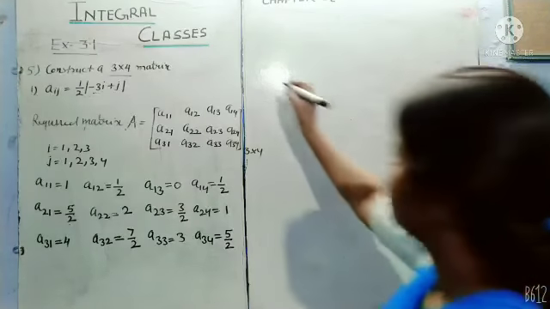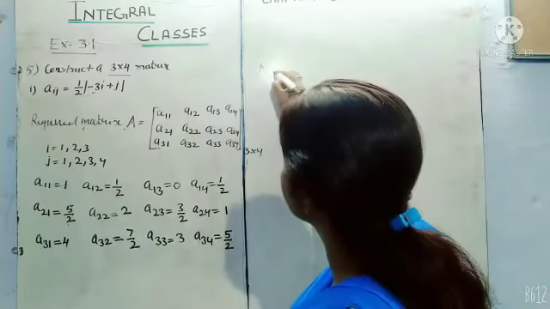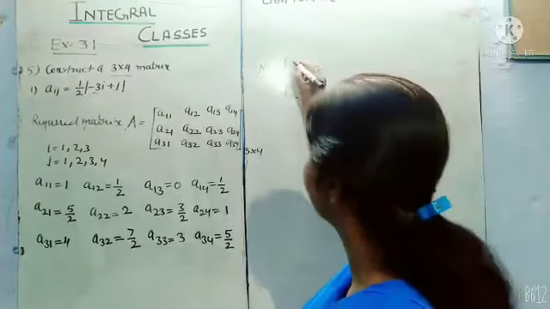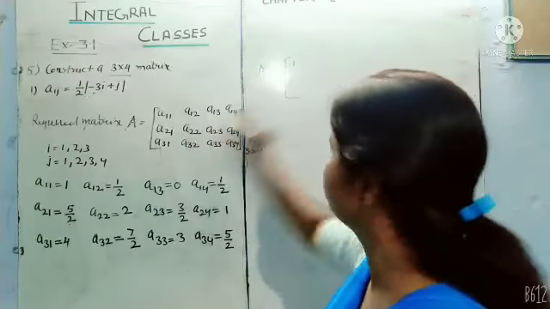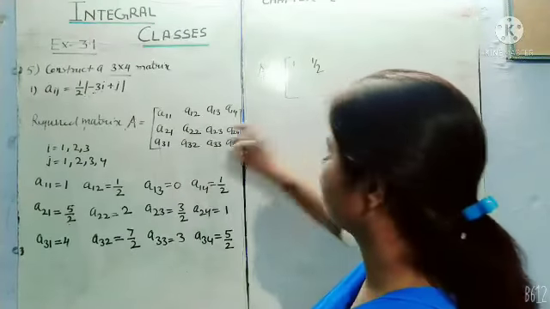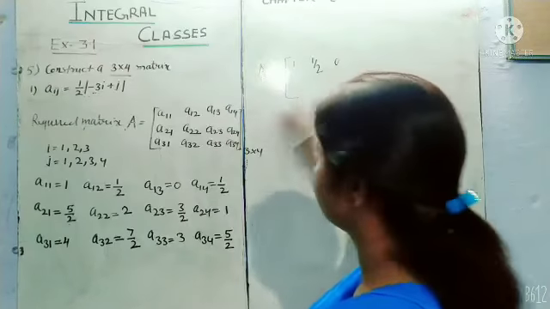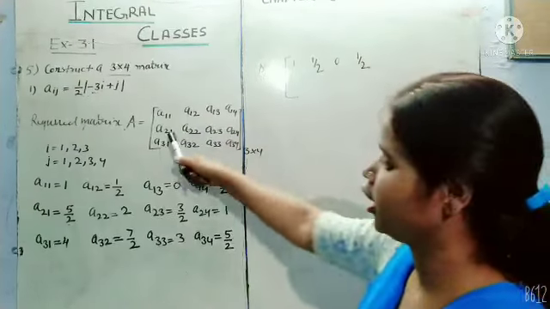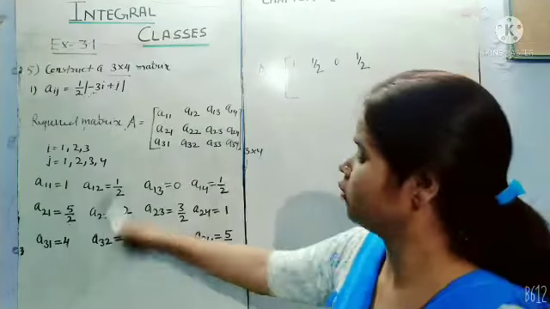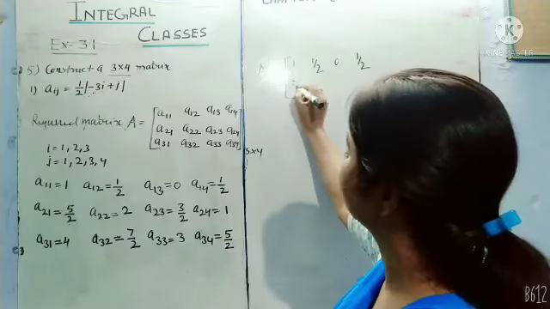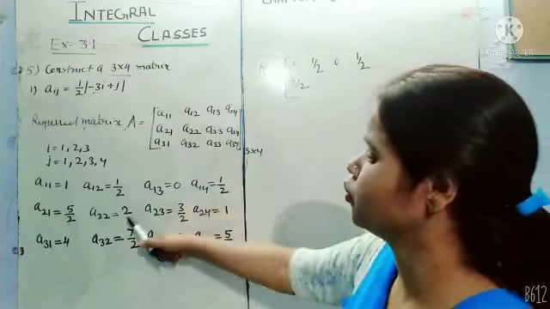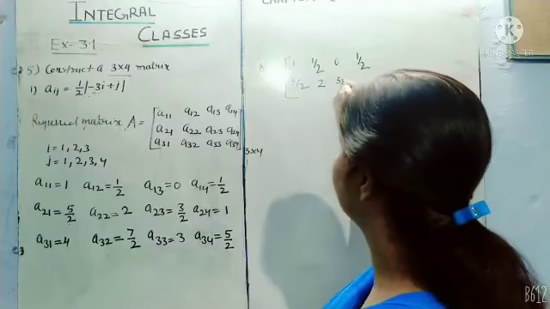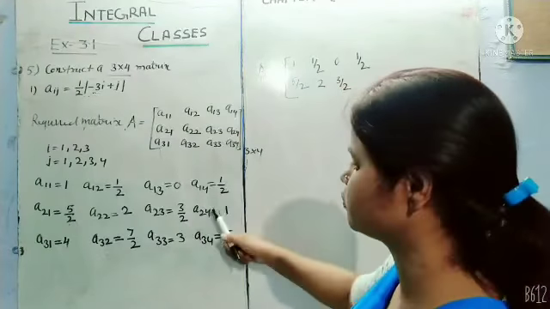Now we will get the matrix here. Put the values: A11 equal to 1, A12 1 by 2, A13 0, A14 1 by 2, A21 equal to 5 by 2, A22 2, A23 3 by 2, A24 is what? 1.